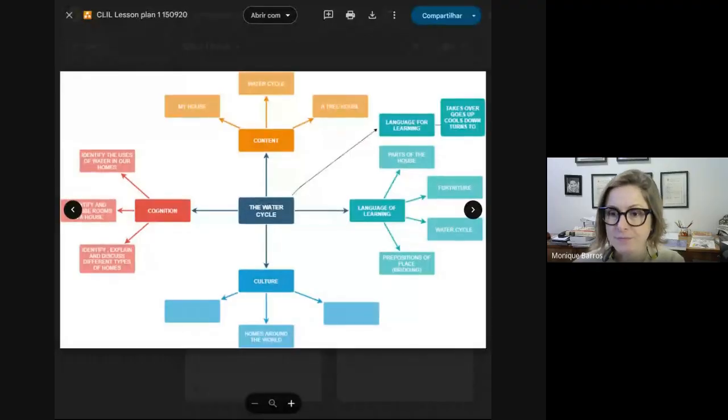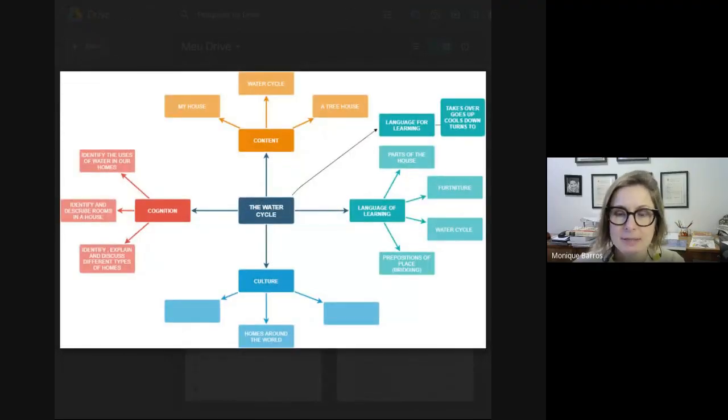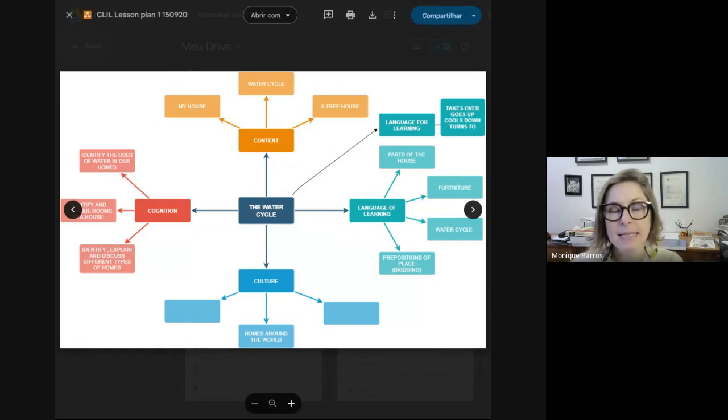Okay, so just for you to see the starting point of a CLIL lesson. This example here would be the water cycle. In our regular lessons, the lesson or our teaching revolves around a specific language that we want to teach.